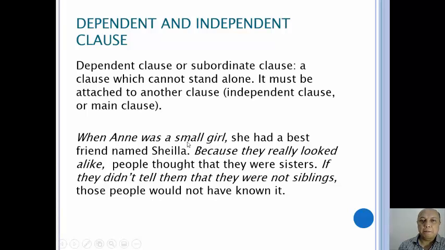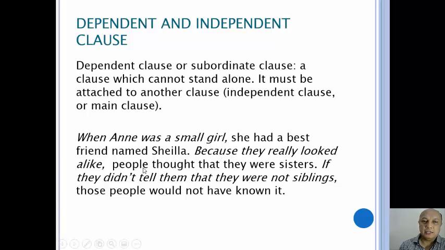See, this is the dependent clause because it cannot stand alone. You cannot just say, when Anne was a small girl, period. That's awkward. That doesn't make sense. That's hanging. That's not finished. So you have to say, when Anne was a small girl, comma, she had a best friend named Sheila. Now this is the dependent clause and this is the independent clause. Notice that they are separated by a comma here.